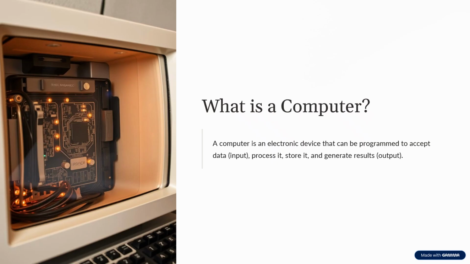In other words, a computer is an electronic device that processes data following instructions to perform a task. It consists of hardware components like a CPU, memory, and input and output devices, and it is controlled by software programs. Essentially, it takes the input, processes it, and provides the output. This is a definition of the computer.